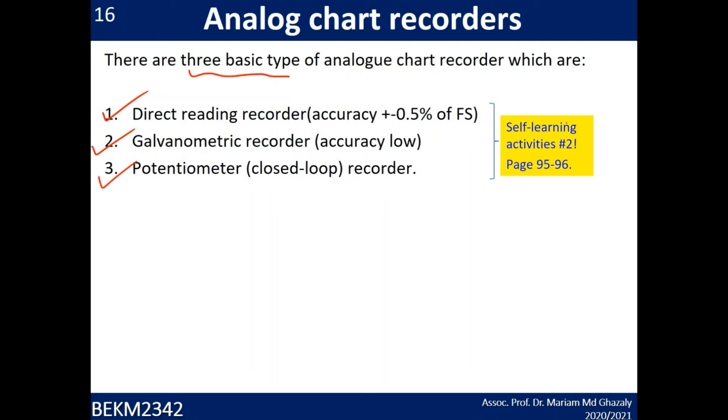So do some self-learning activity. Read pages 95 to 96 and try to explain in your own words what is meant by direct reading recorder, galvanometer recorder, and potentiometer recorder. If possible, try to draw how it works and the principle of the recorders.